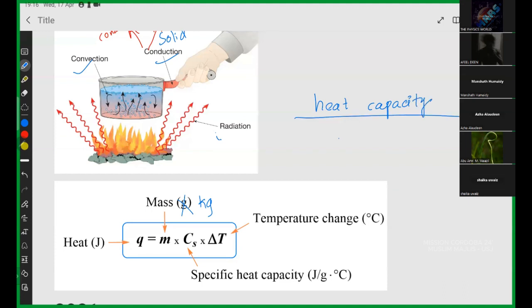Heat capacity means the amount of heat that is required to increase the temperature of a substance by 1 degree Celsius. Let's say if you want to increase the temperature of water by 1 degree Celsius, how much heat do you have to provide? That's what you give as heat capacity. But in this equation, we have it as specific heat capacity.